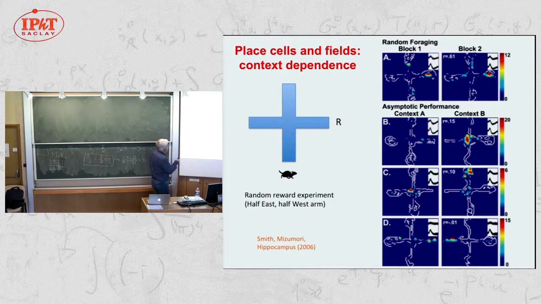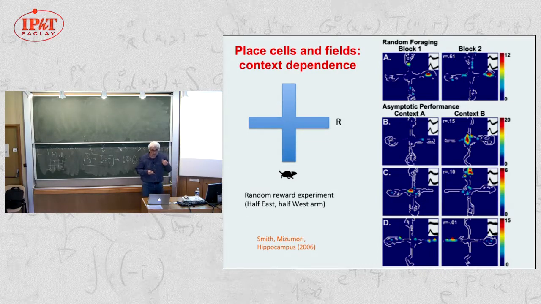Now, if you consider the full experiment, when the reward is moved from the east to the west arm after 10 trials, and you do exactly the same thing, then the situation has changed a lot. This particular cell is active very close to the reward. It codes for the position of the reward. And after 10 trials, the place field is remapped to the other arm.